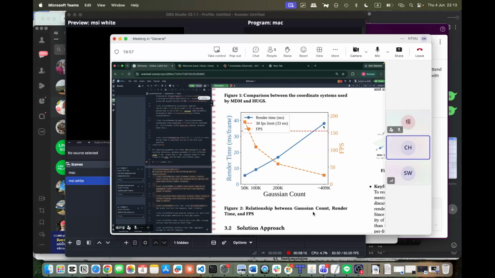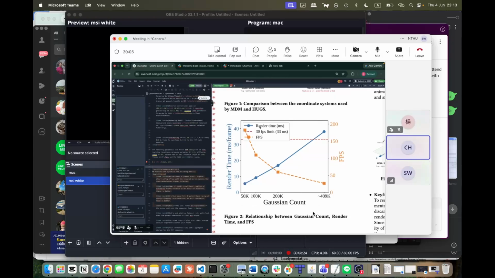I don't understand the legend. If you look at the upper left corner, you have the legend. Rendering time, that's the blue one, right? And then 30 frames, that's the dash line. You probably don't need to have the dash line.